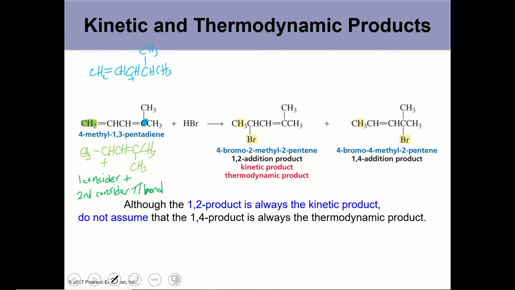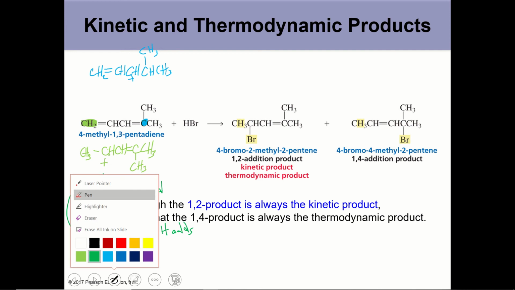Okay, and this is for choosing where H adds. Or that initial electrophile adds.